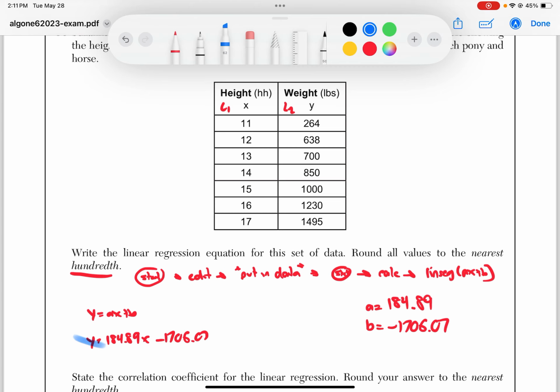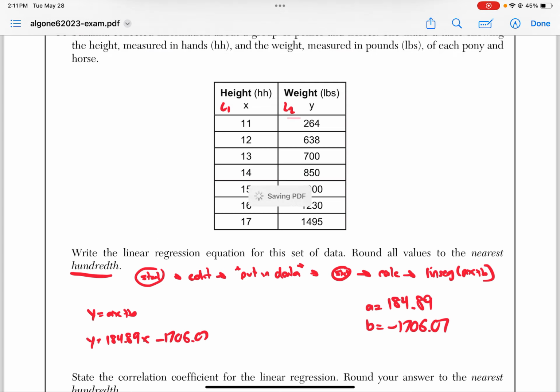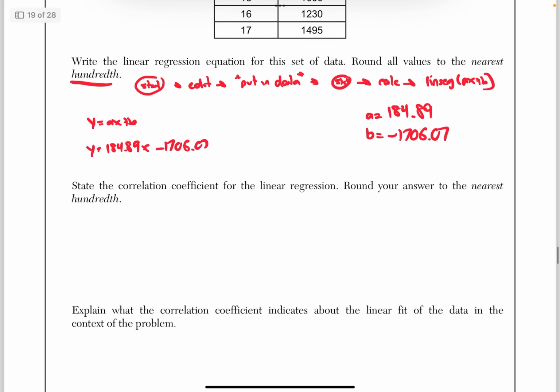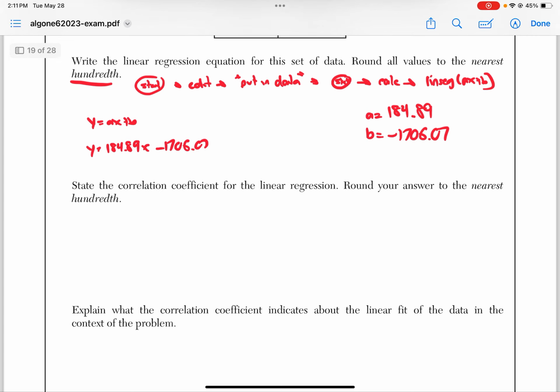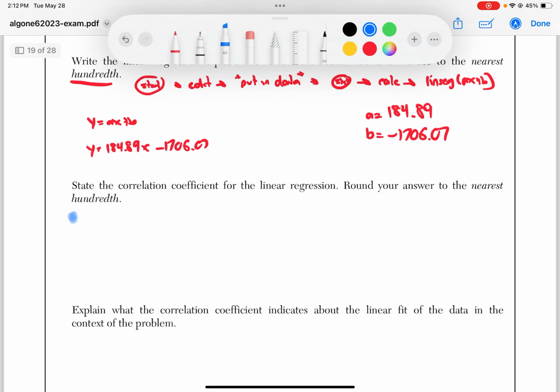Do not forget the y equals, please. It is not a function unless it has an output variable. Correlation coefficient. Finding this requires you to have stat diagnostics on, which I will make sure we all do on Regents Day. Stat diagnostics on.